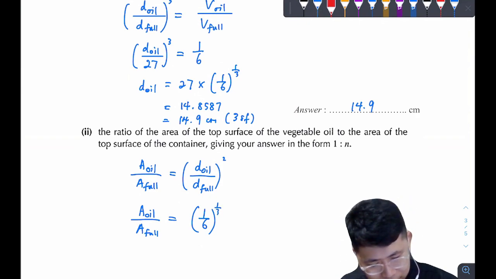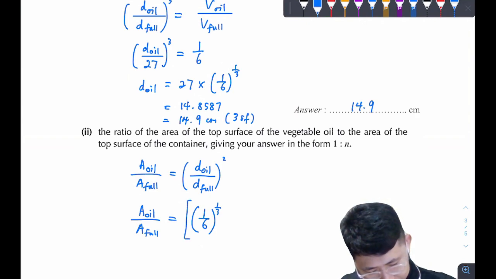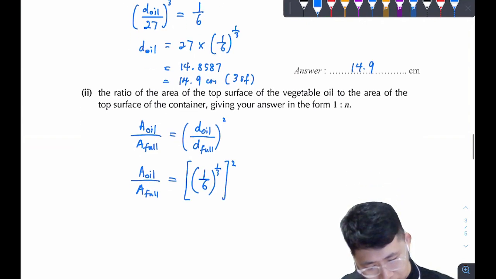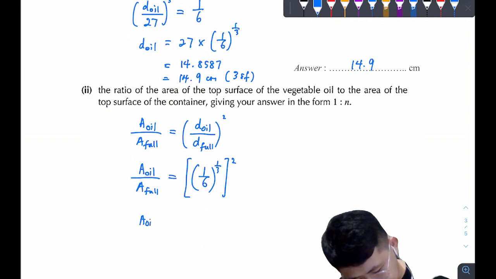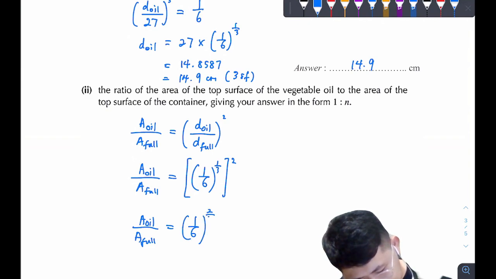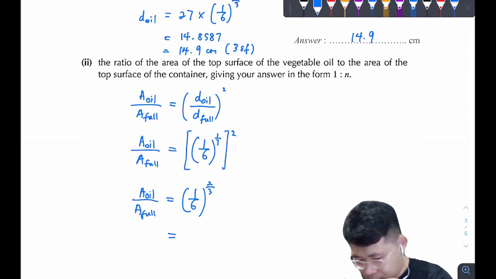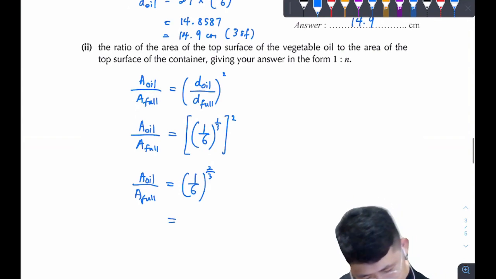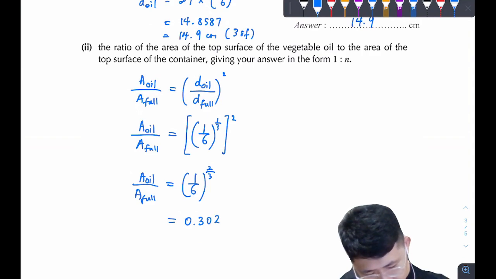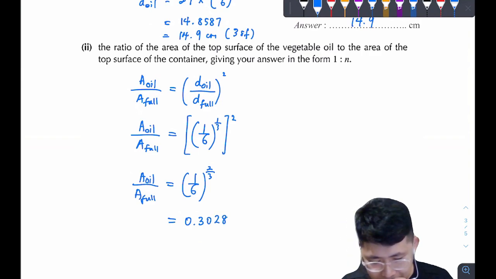And we have a square on the outside. So by law of indices, we're going to see 1/6 to the power of 2/3, right? So this is going to be equal to 1/6 to the power of 2/3. So this would be 0.3028, something like that.